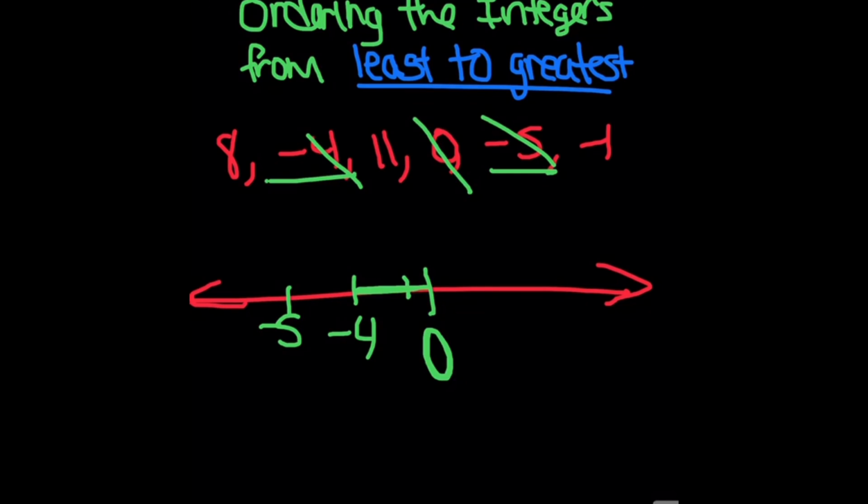So negative 1 would be right over here. And this would be about 8, and 11. You could estimate it around. Negative 1 is closer to 0 than either of these two numbers, so it's going to become a positive number before negative 4 and negative 5. That's the easiest way to think about it.